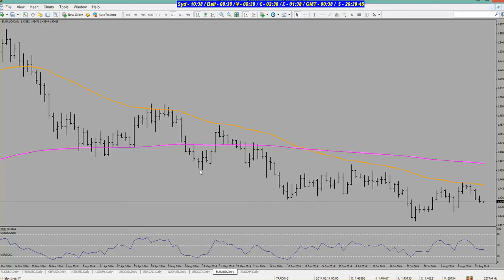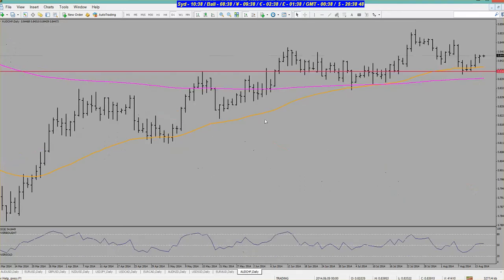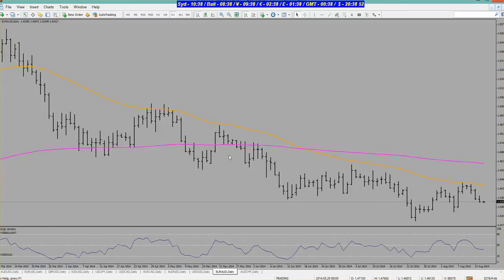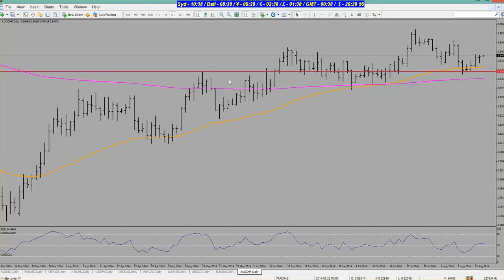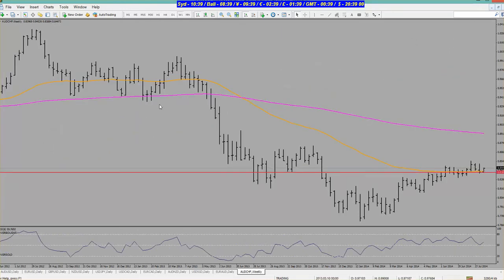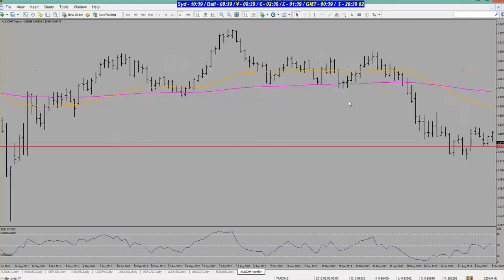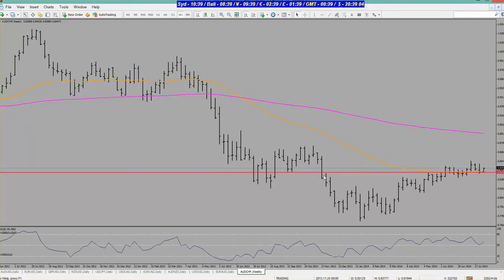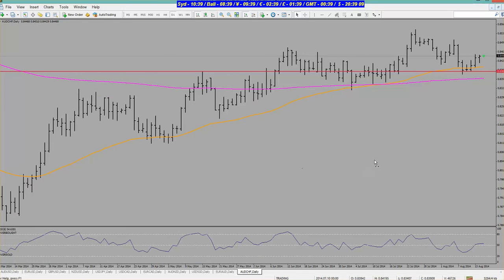It was that May low. That's the May high. So it didn't get back to that. The Euro Aussie didn't get back to this May low like the Aussie Swiss has. So in that sense, you'd suggest that this one's a little stronger than, say, look at those lows there. It's a little stronger than the Euro Aussie is as a short setup. This one's a bit stronger as a long setup.